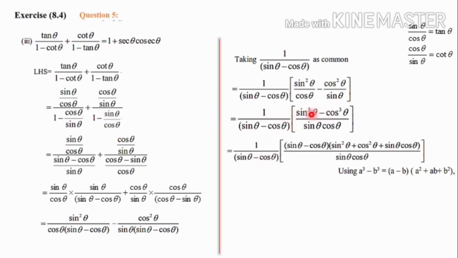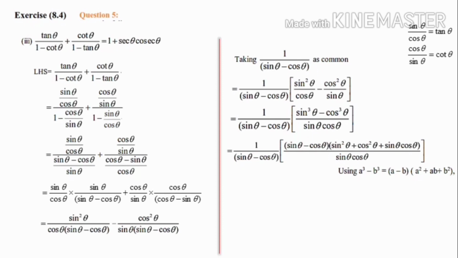We are expanding only this sin cube minus cos cube, that is a minus b, sin theta minus cos theta, into a square plus b square plus ab, that is sin square theta plus cos square theta plus ab, that is sin theta into cos theta. Here, when you check, sin theta minus cos theta and sin theta minus cos theta we can cancel.